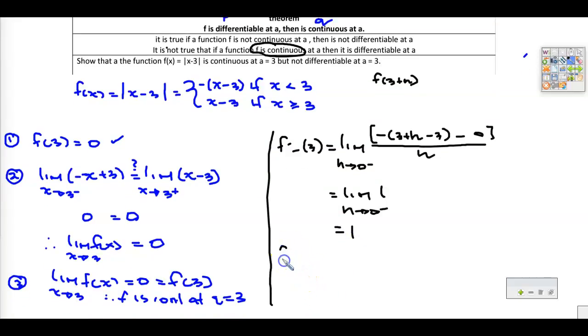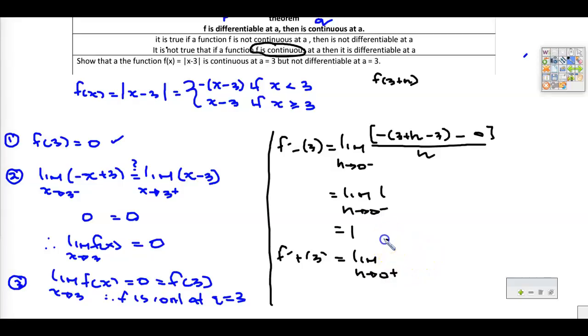And then when you evaluate f prime from the right of 3, then you get the limit as h approaches 0 from the right.